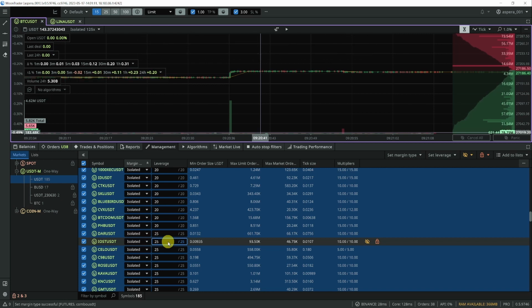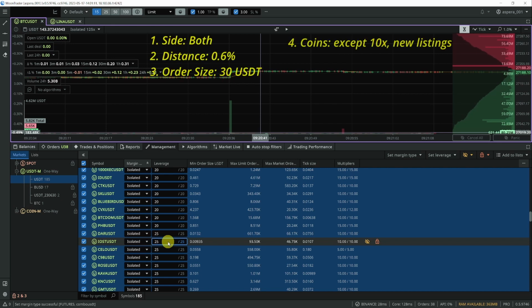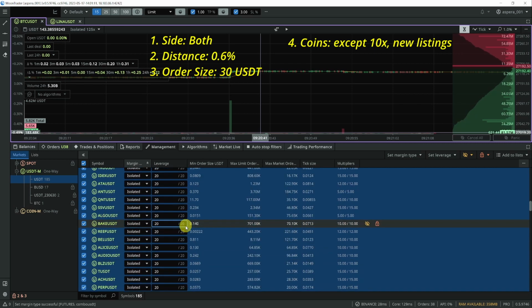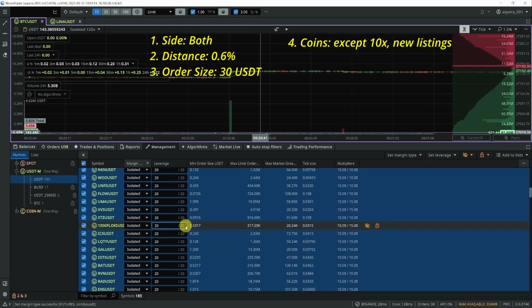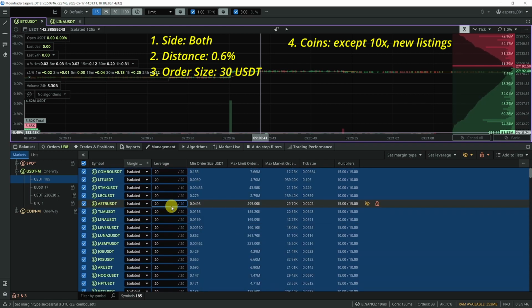But I'm not really sure how the real algorithm is going to behave, so I think I'll go with 30 USDT as the order size. And if you go really lower, you might hit the limit of the minimum order size on the exchange. So $30 I think would be fine. On a 20 leveraged coin, that would be a maximum risk of 1.5 USDT and some fees on top of that.